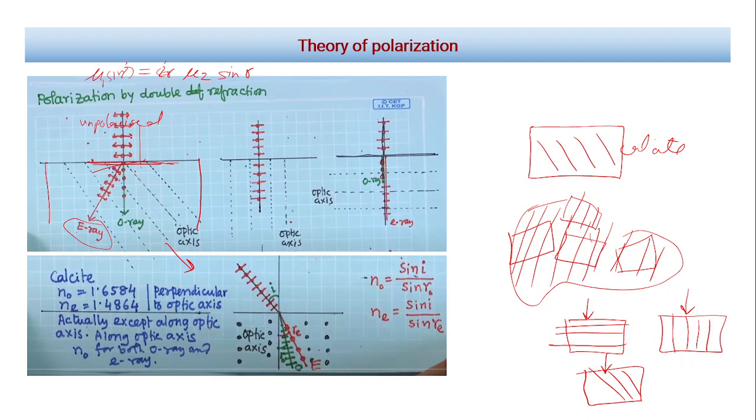If we take the perpendicular to the optics axis, then I'll see this is the angle of incidence, and this is the angle of refraction, and we'll see that they are the same. I'm just explaining that even this follows the law of refraction. The change is that earlier we took the angle of incidence from the normal to the plane, but now we have to draw the normal to the optics axis direction.